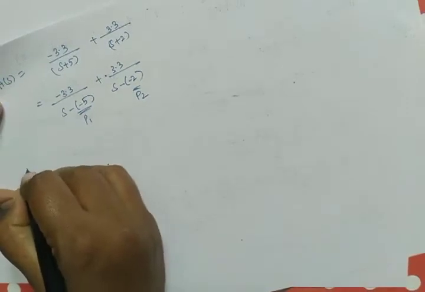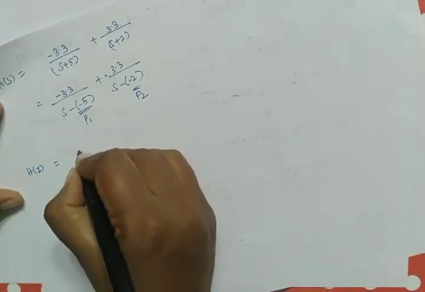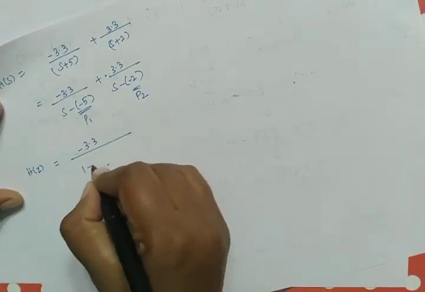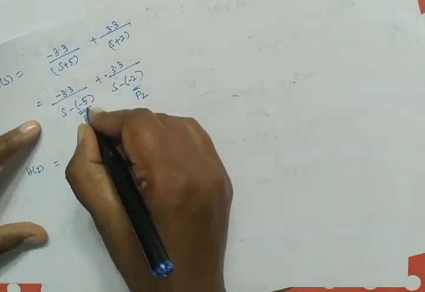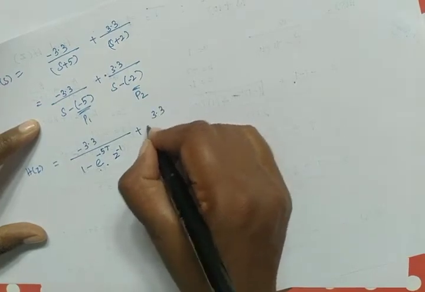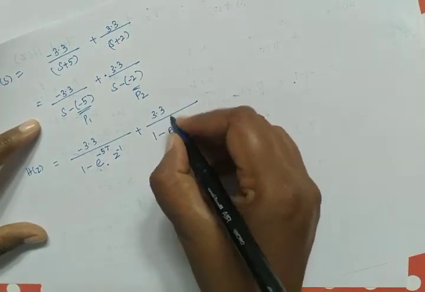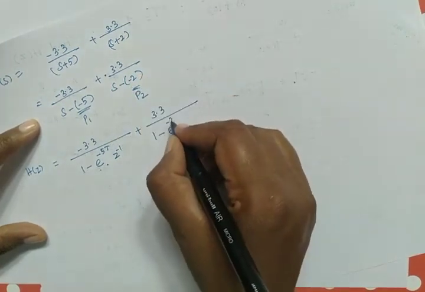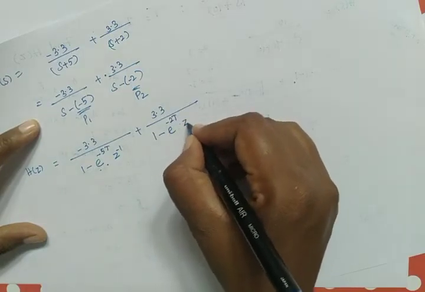Now what is the h of z? We know the general expression, that is minus 3.3 divided by 1 minus e power minus 5t z inverse, then plus 3.3 divided by 1 minus e power minus 2t into z power minus 1.